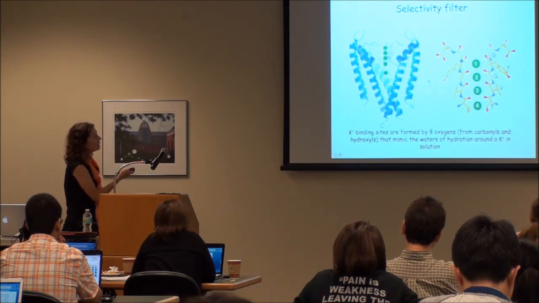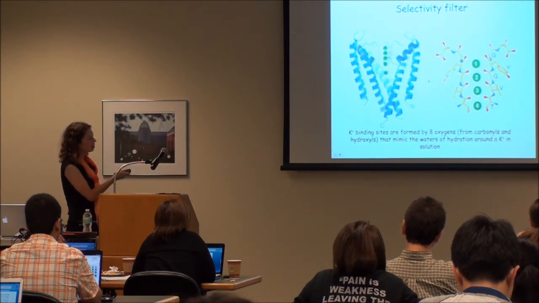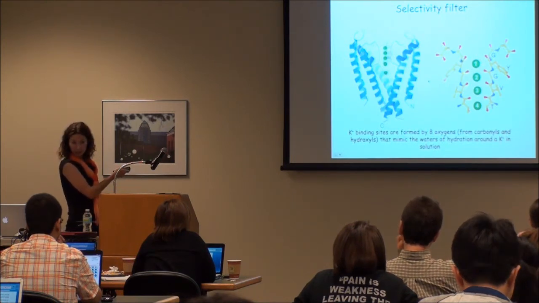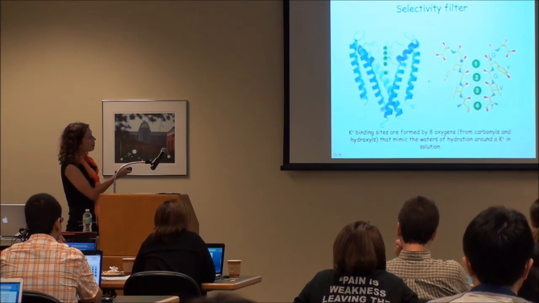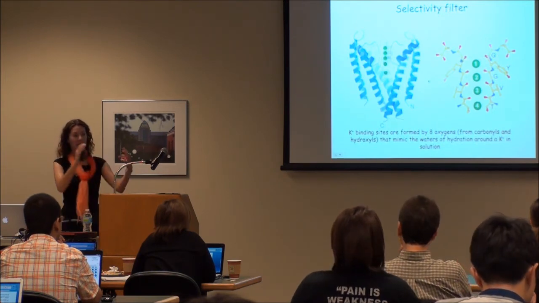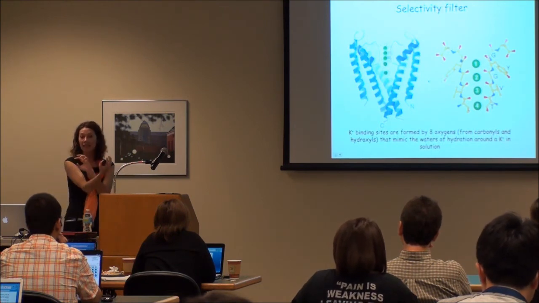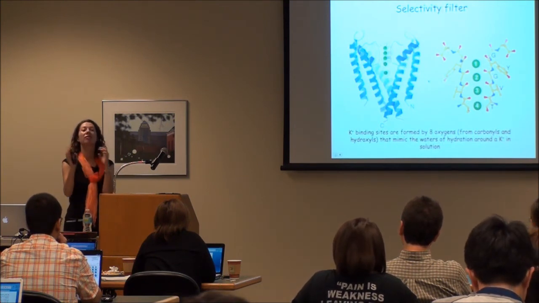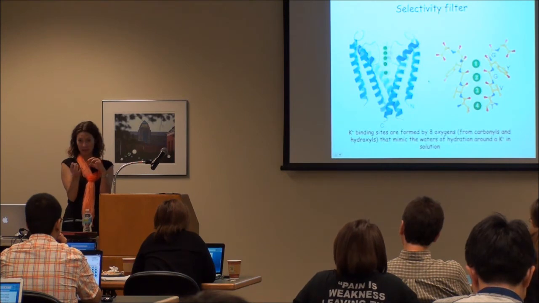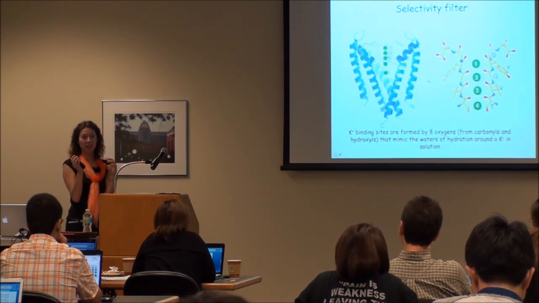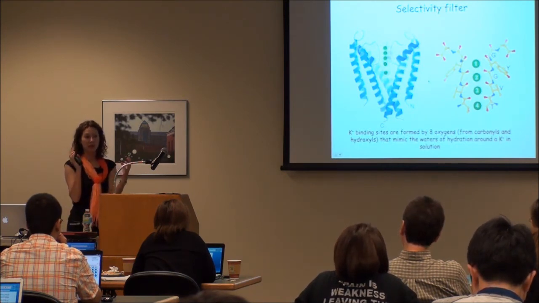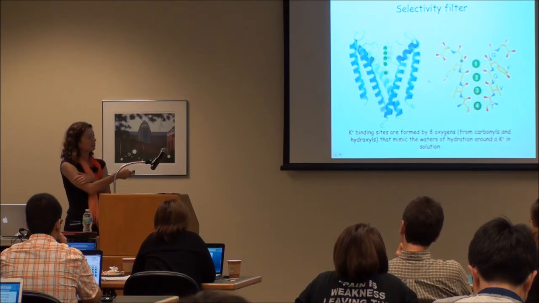So these oxygen dipoles are surrounding a potassium ion in the selectivity filter. You have 4, 1, 2, 3, 4 from 2 subunits, and you have 4 more from the other 2 subunits. So you have 8 partially negative charged oxygen dipoles surrounding a potassium ion in the selectivity filter.